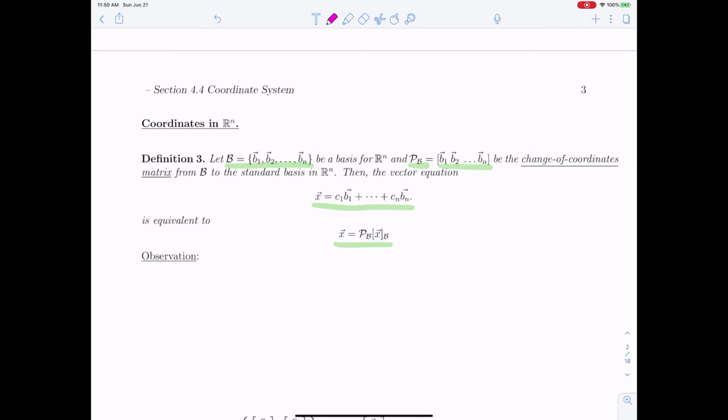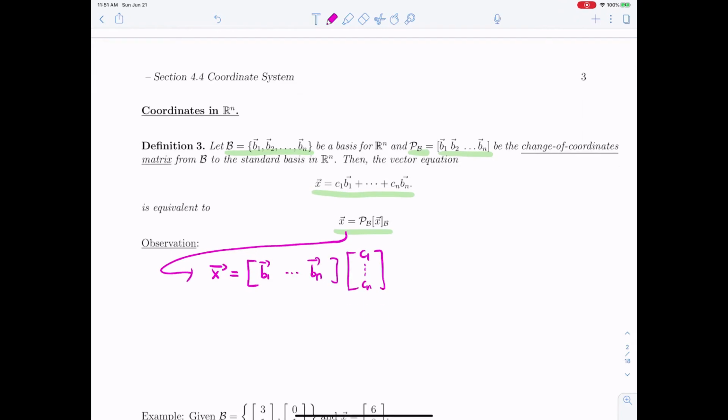So you can observe that if you write this as the matrix product, then x is given by b1 through bn times the weights of the linear combination c1 through cn. Then you probably want to write the B coordinate of x as P sub B inverse times x, right? But is this always possible?